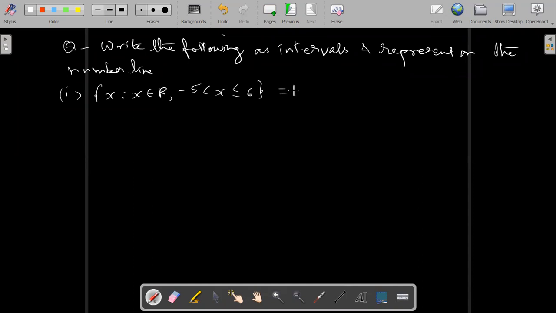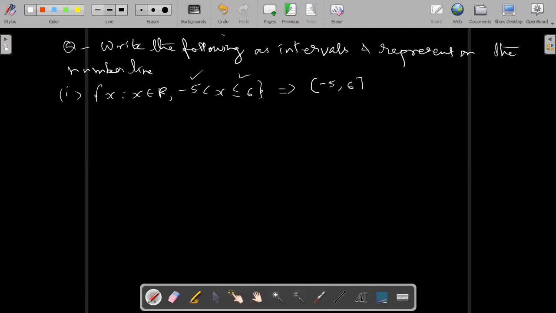So how to write the interval? I'm writing your answers also. How to convert it into an interval: you have to check whether the left side is included or excluded. So minus 5 is excluded, so you will use this bracket at minus 5, and the right side is included.